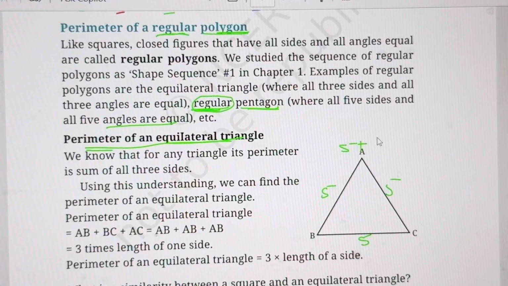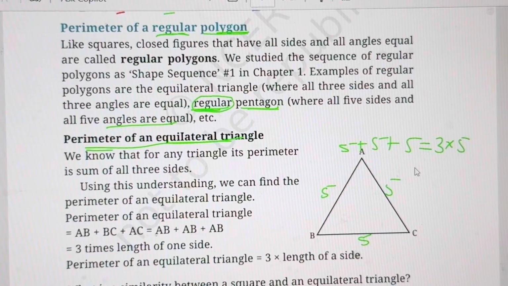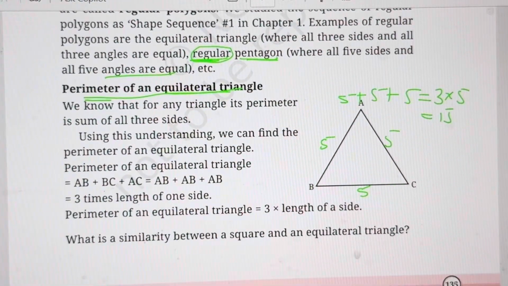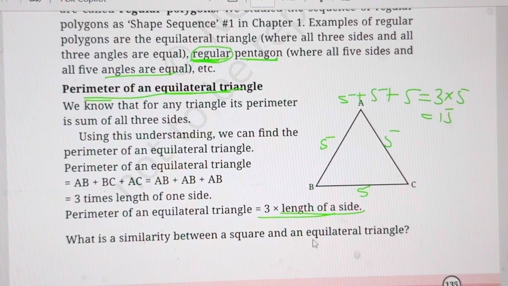Instead of adding 5 plus 5 plus 5, can't we multiply it by 3? Because 3 times you are adding 5. So 3 fives are 15, right? So the perimeter of an equilateral triangle will be 3 multiplied by the length of the side, because it has 3 sides. So that's the formula.